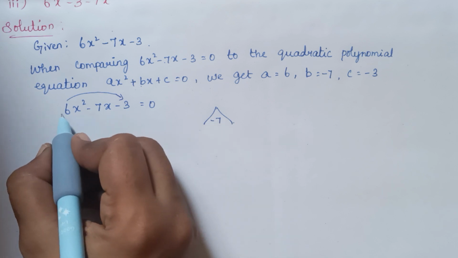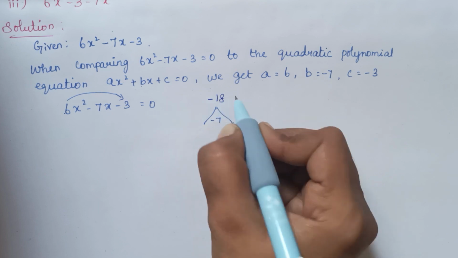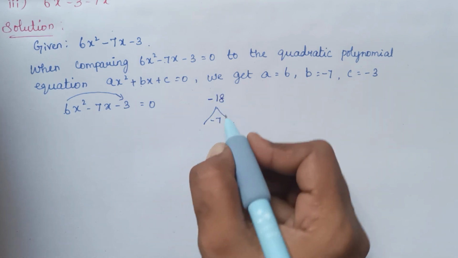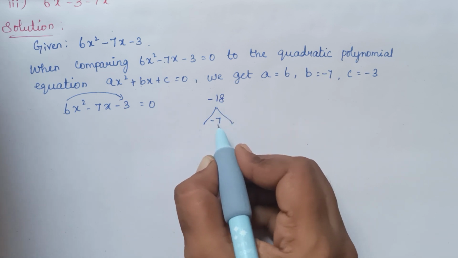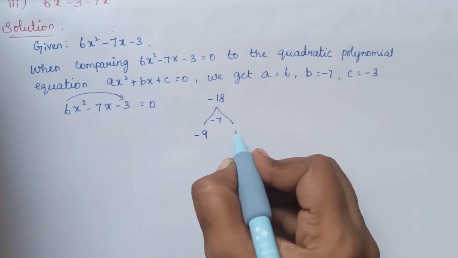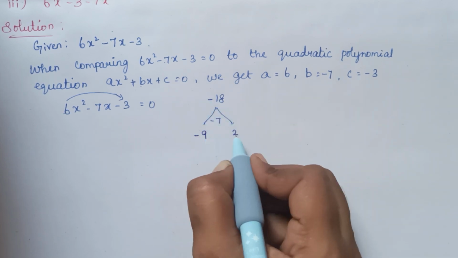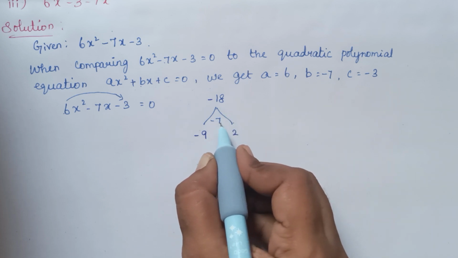Okay, so plus into minus, minus, 6 3s are 18. Okay. So now if we multiply two numbers, we should get minus 18. If we add two numbers, we should get minus 7. So that is minus 9 and 2. Minus into plus, minus 9 2s are 18. So if we add minus 9 plus 2, we'll get the answer minus 7.